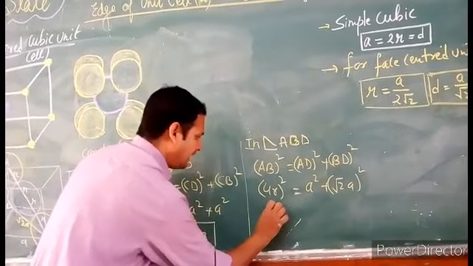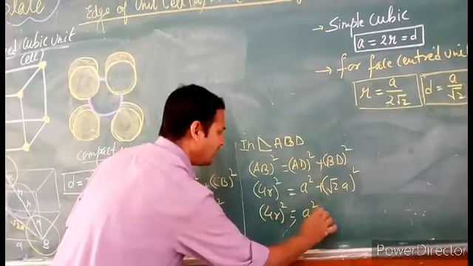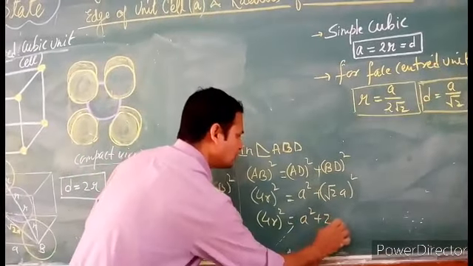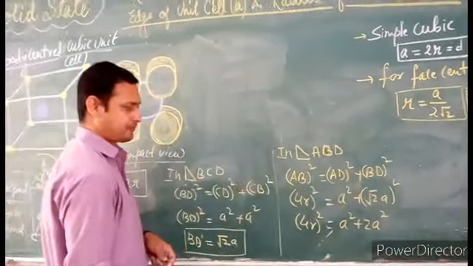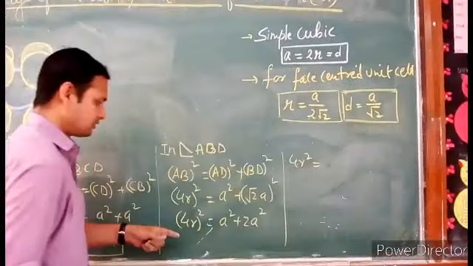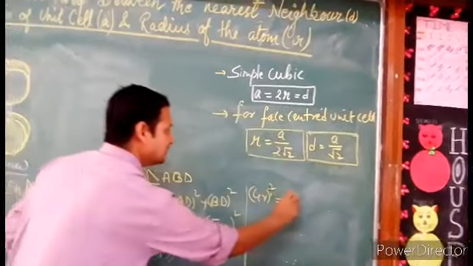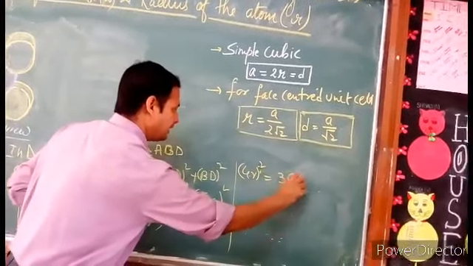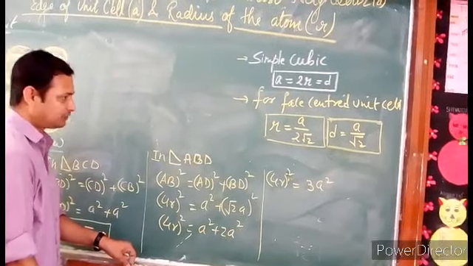So 4R whole square equals a square plus 2a square, that is 3a square.